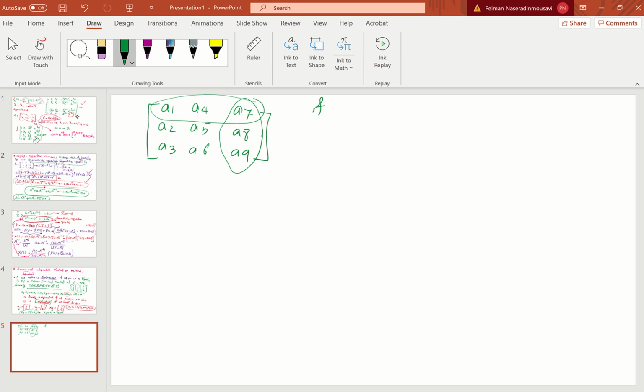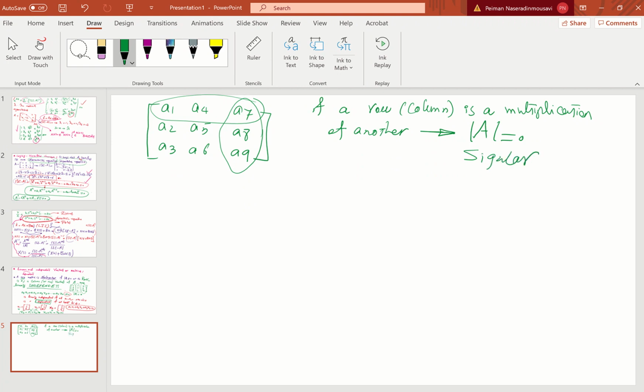We say if a row or column is a multiplication of another, no doubt that its determinant is 0, and we say that this matrix is singular, a singular matrix, the determinant is 0.